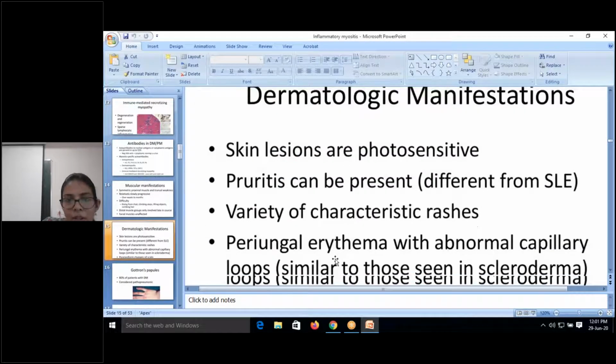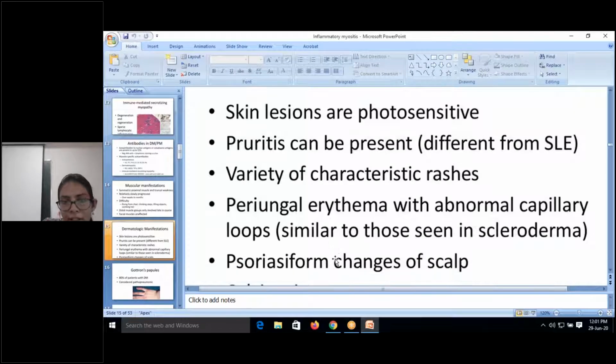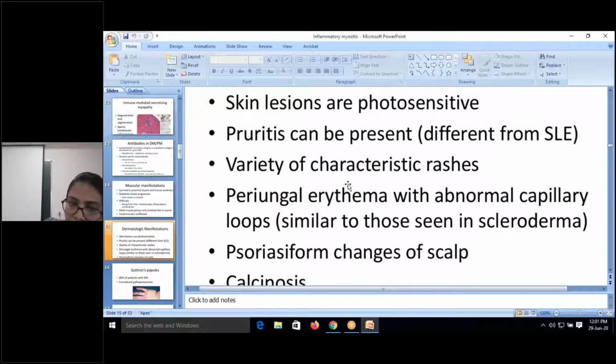Then coming to the dermatological manifestations seen in dermatomyositis, usually the skin lesions are photosensitive. Where else do you see a photosensitive rash? In SLE. These can be pruritic, whereas pruritus is not there in SLE. A variety of characteristic rashes can be there, which I'll show you in the next picture.